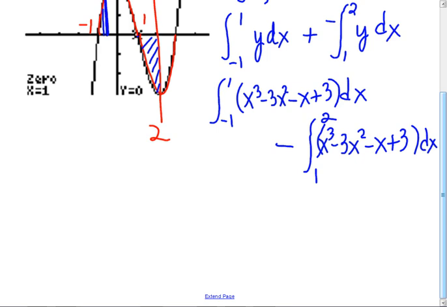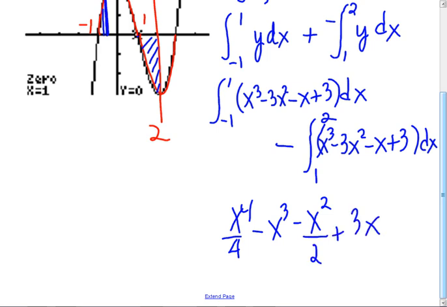Do you want to integrate it by hand or do you want to do it on the calculator? What rule am I going to use for all of these? If you can't tell me the rule, then we should do it by hand. The power rule, right? That would be x to the 4th over 4 minus x cubed minus x squared over 2 plus 3x.